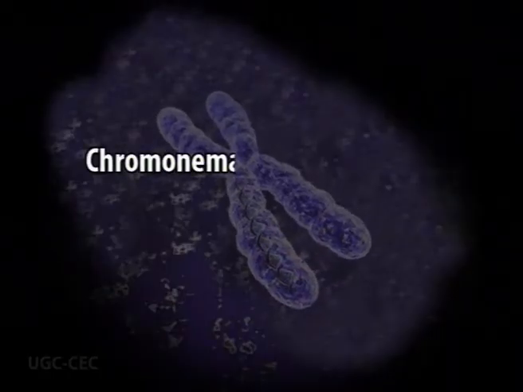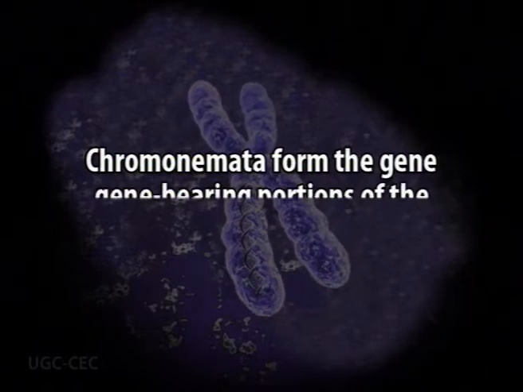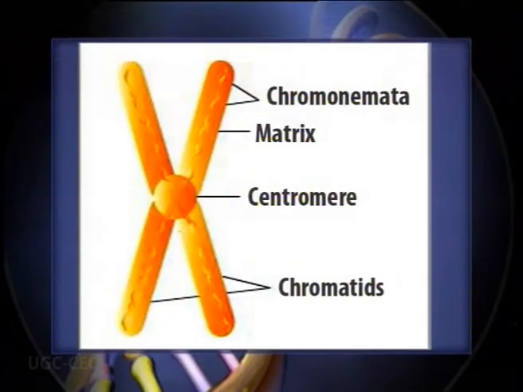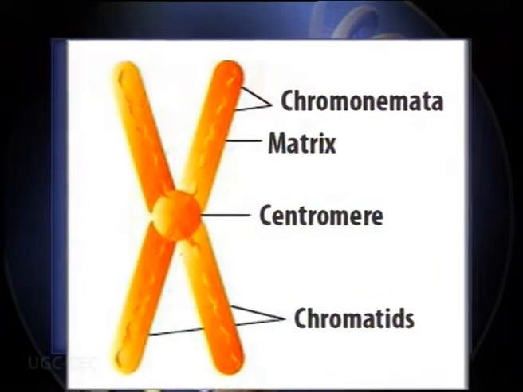The chromonemata form the gene-bearing portions of the chromosomes, although each chromonema may contain non-genic materials that serve to maintain its integrity. The chromonemata are embedded in a proteinaceous substance called matrix.